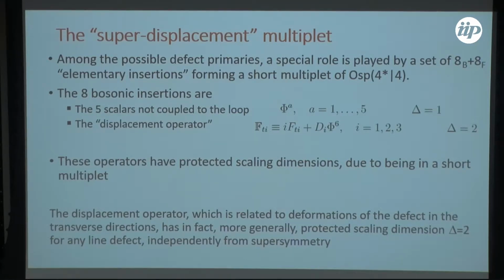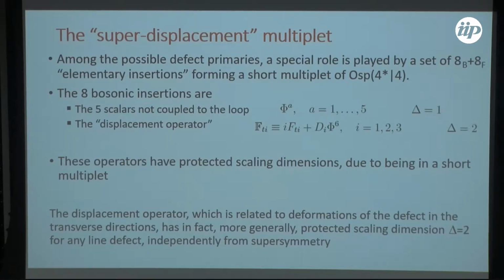And the other 3 bosonic operators are the displacement, so-called displacement operator, which is essentially the field strength plus this term coming from the scalar coupling. So these are the operators that correspond to deformations of the Wilson loop in the transverse directions. Okay, and they have dimension 2.